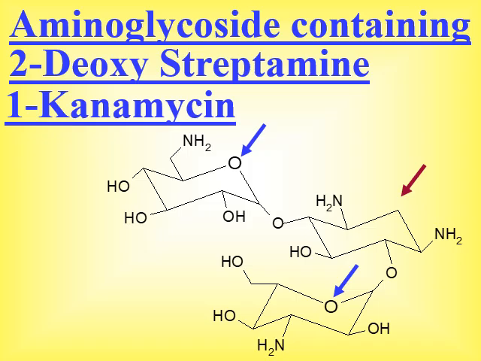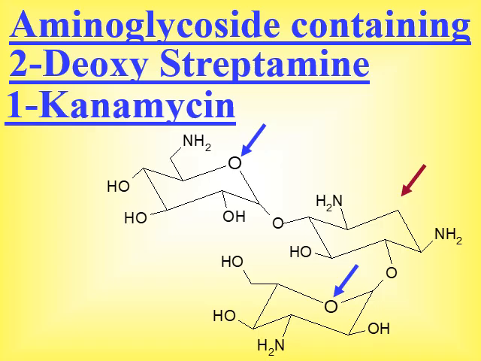The second type of 1,3-diamino inositol is 2-deoxystreptamine. Examples of aminoglycoside having the 2-deoxystreptamine, we have kanamycin. As you see here, the kanamycin.